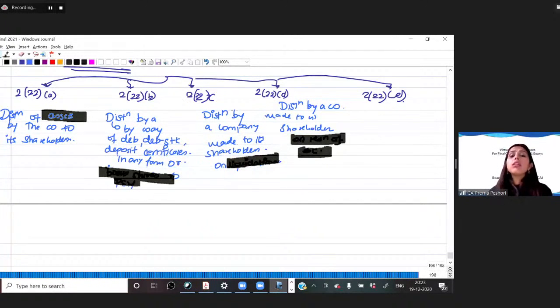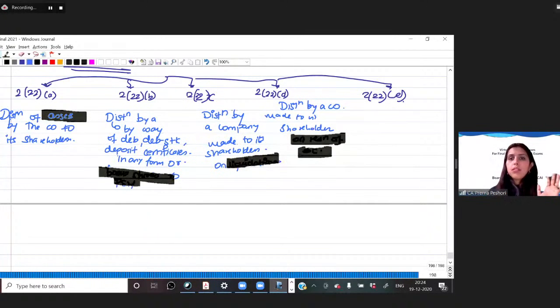Distribution by a company to its shareholder on liquidation to the extent of accumulated profits is covered under 222C. Over and above accumulated profits will be taxable under 46.2. We had seen how in 46.2 we used to reduce from the cost of acquisition the deemed dividend taxed under 222C. Remember that?